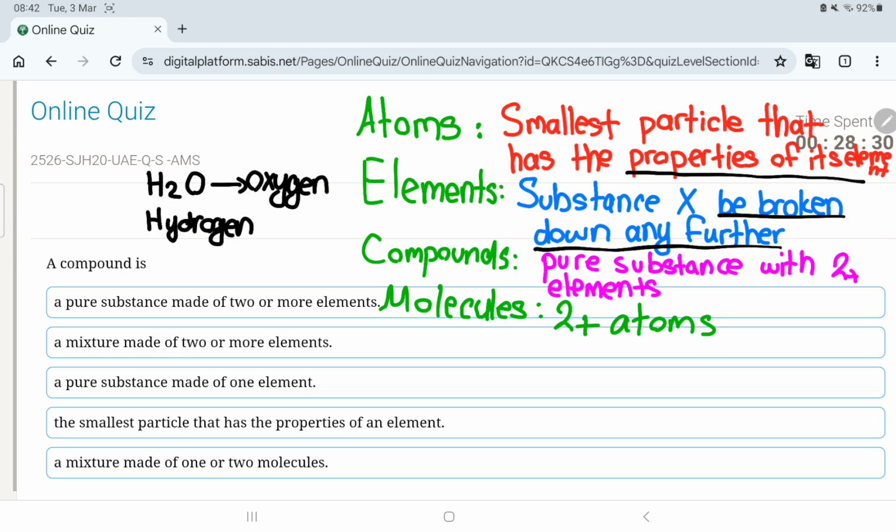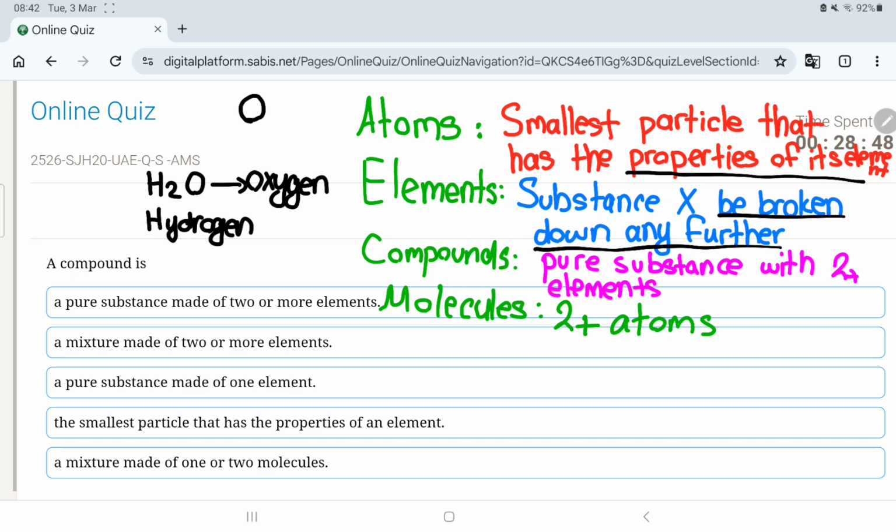So obviously, you can break it down, right? But if you just have, let's say, oxygen alone, can you break it down any further? No, you can't, because it's a pure element.